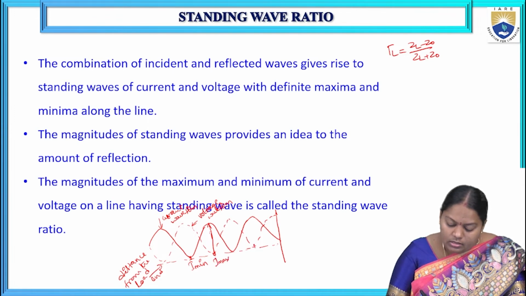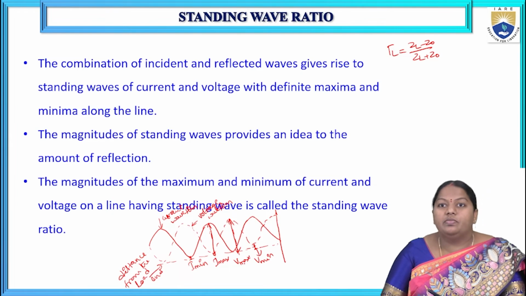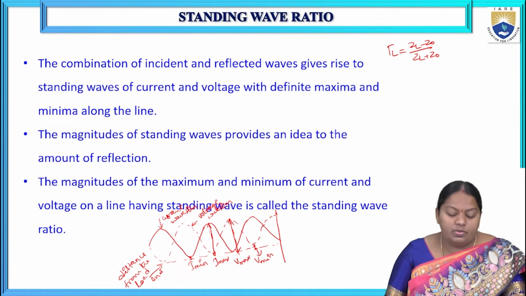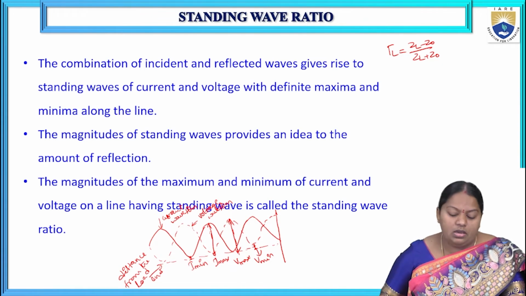The dotted lines give V minimum, and the dotted line's full length is V maximum. Depending upon V max, I max, V minimum, and I minimum, we will see how the effect is on the standing waves.